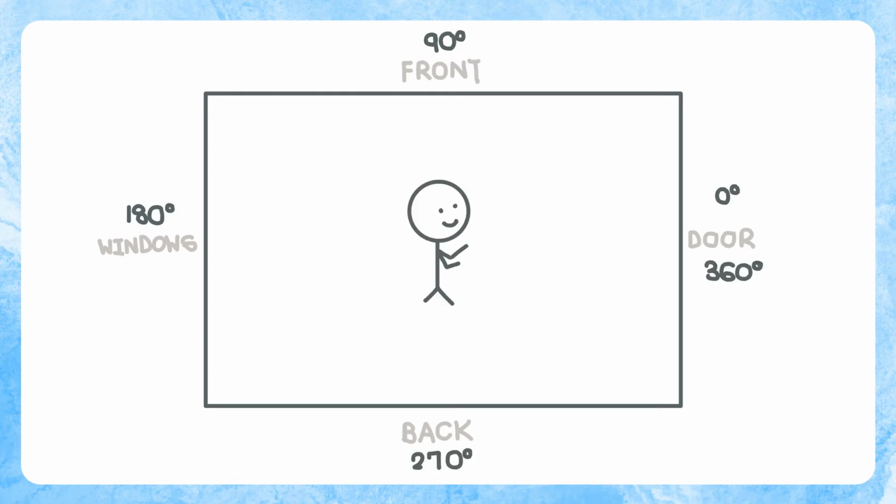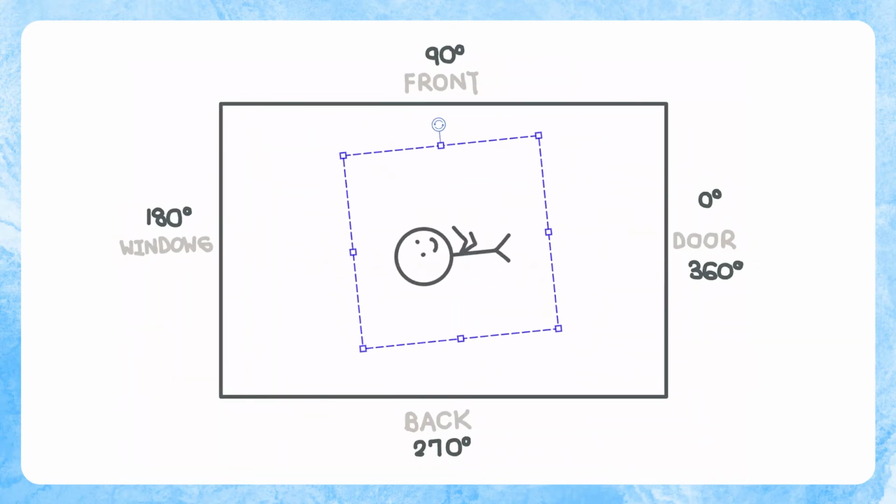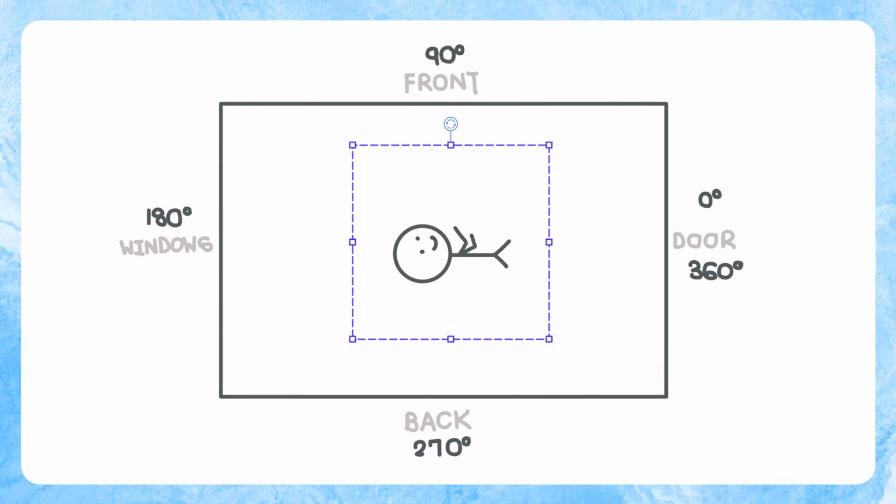So basically what I'm doing here is, compared to the usual coordinate plane, I'm just transferring it to a room so that hopefully it's a little bit easier to visualize. And so we'll use this illustration to show what coterminal angles would look like. So what does it mean to be coterminal? Let's say I start off by facing the door and I turn 90 degrees to face the front.